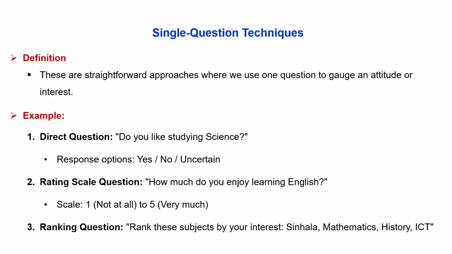Similarly, a rating scale question. How much do you enjoy learning English? Scale from 1 to 5. 1 indicates not at all, and 5 indicates very much. Another example is ranking questions. Rank these subjects by your interest.